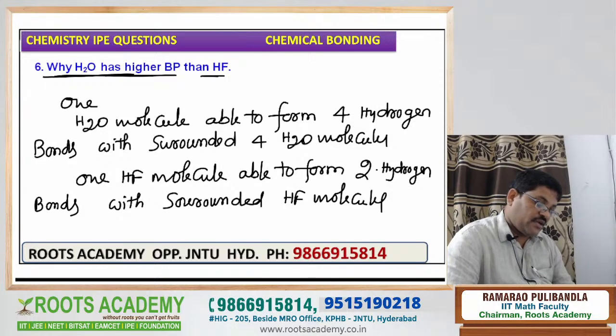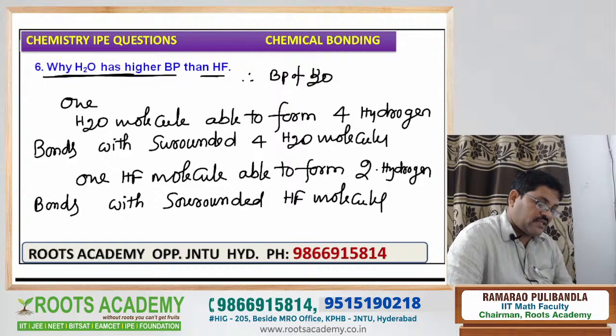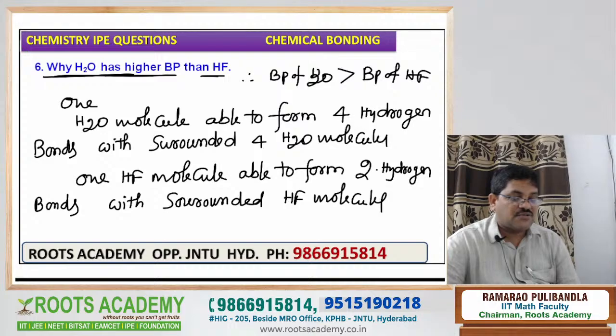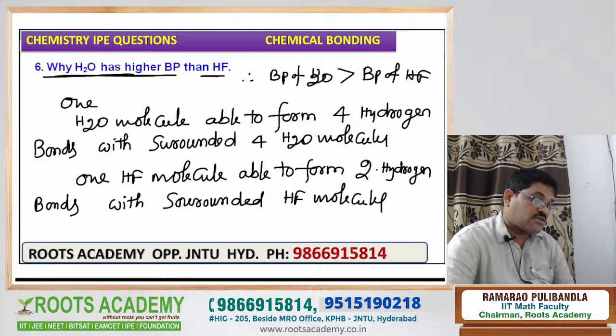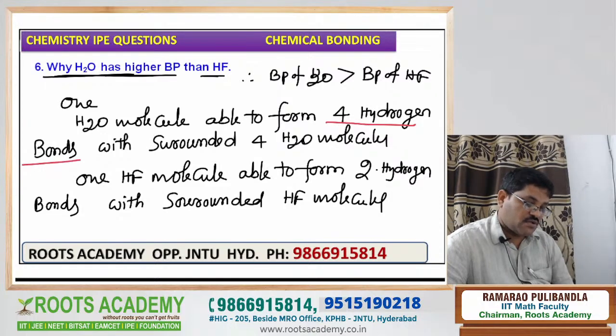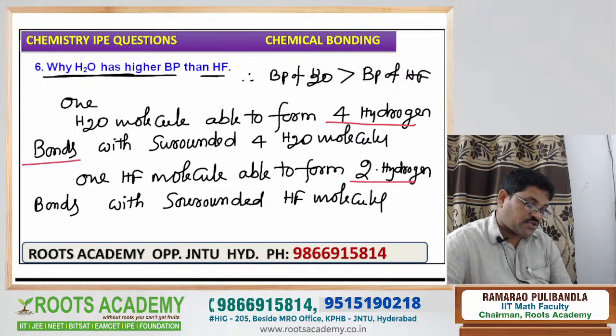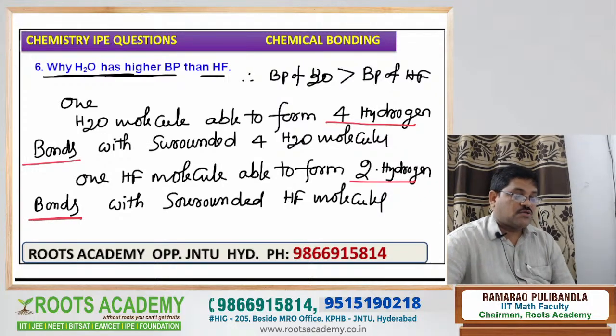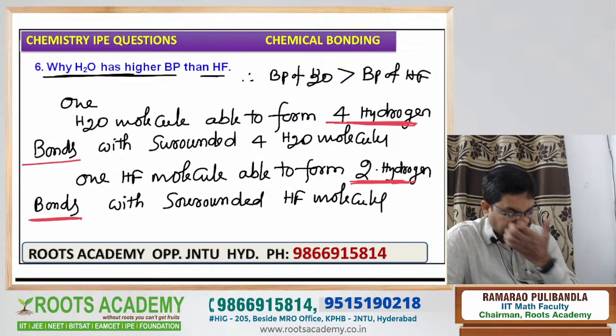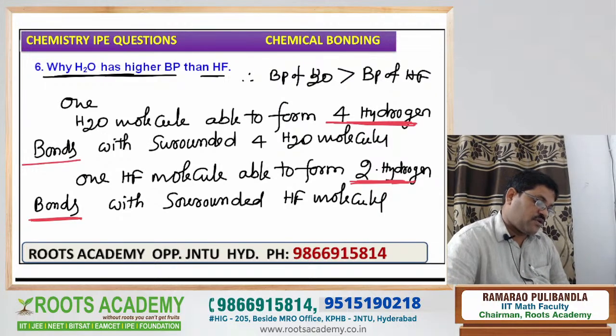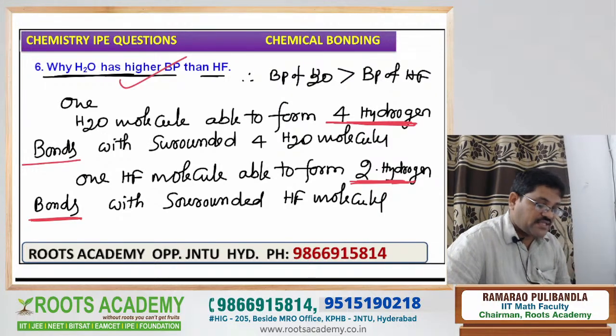Therefore, the boiling point of H2O is greater than that of HF, because the number of hydrogen bonds in H2O is double the number in HF. One H2O forms 4 hydrogen bonds, one HF molecule forms 2. That's why the H2O molecule has a higher boiling point than the HF molecule.